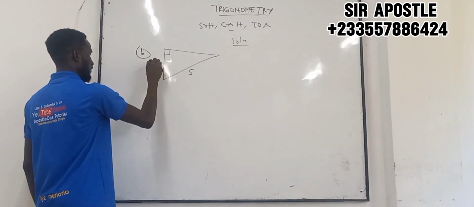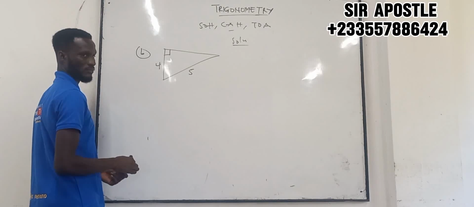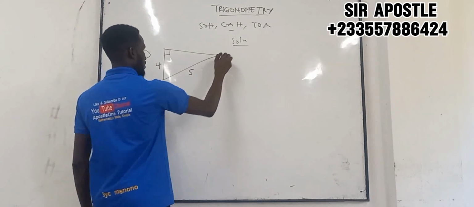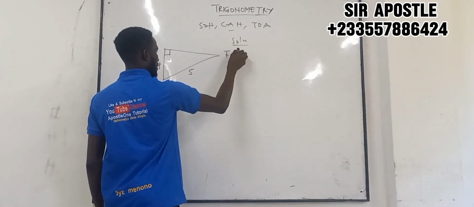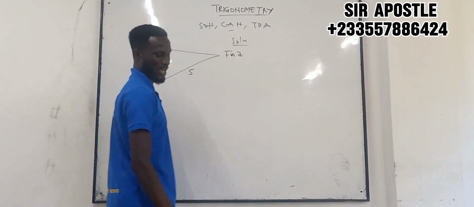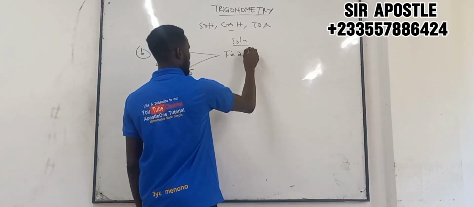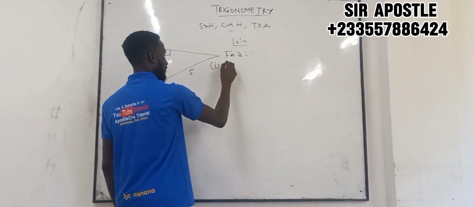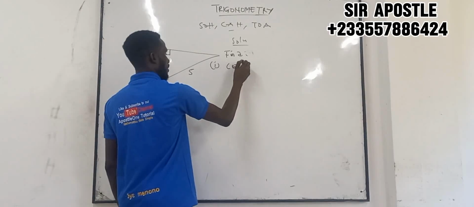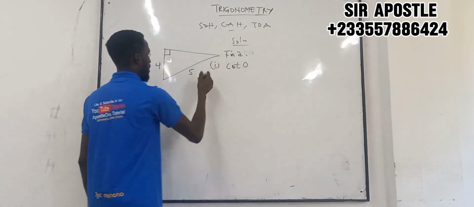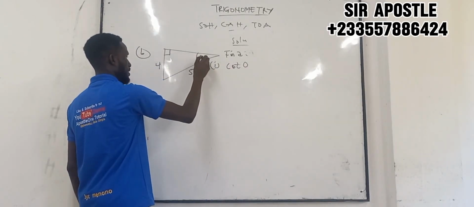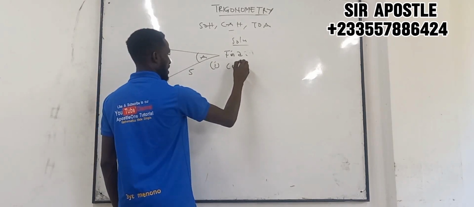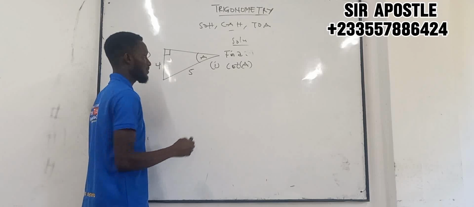Here is 4. And then we are supposed to find cot. I want to consider the angle to be A. So we are going to have cot A, cot of the angle A.